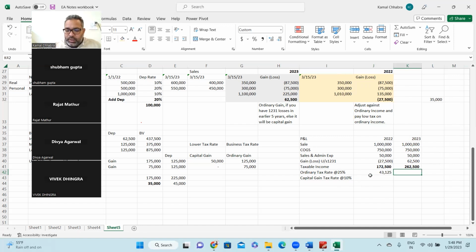First, you need to understand this 62,000 is a special category. In this 62,000, first you need to bifurcate 27,500. On that you need to pay 25% tax, and on 35,000 you need to pay 10% tax.